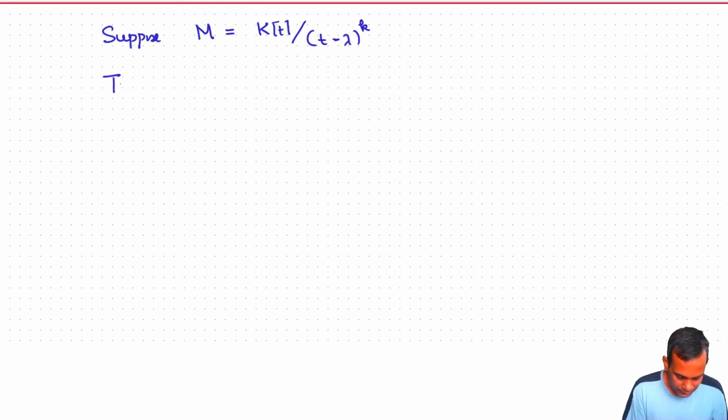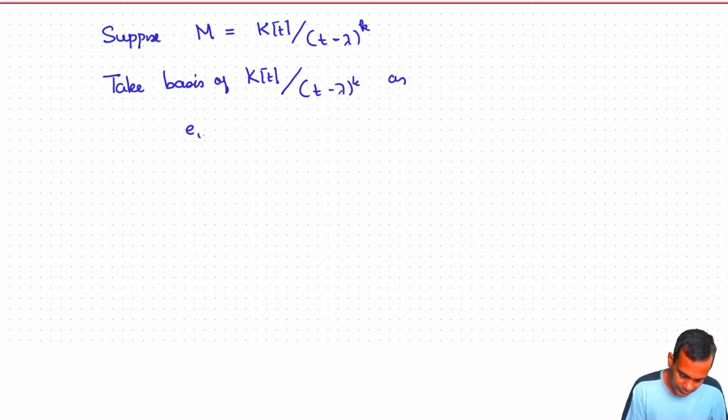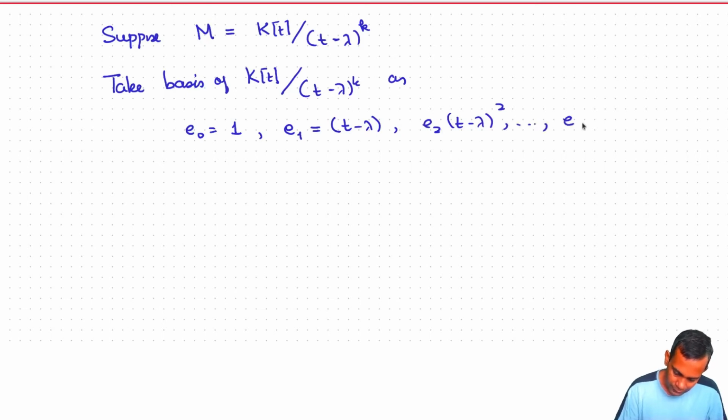So take a basis of K[T]/(T minus lambda)^k as e0 equals 1, the image of the polynomial 1 in this quotient, e1 equals T minus lambda, e2 equals (T minus lambda) squared, up to e_{k-1} equals (T minus lambda)^(k-1).